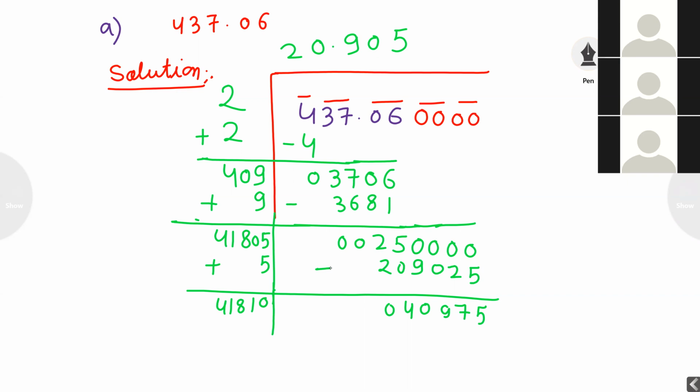We can mention here the square root of 437.06 is equal to 20.905.